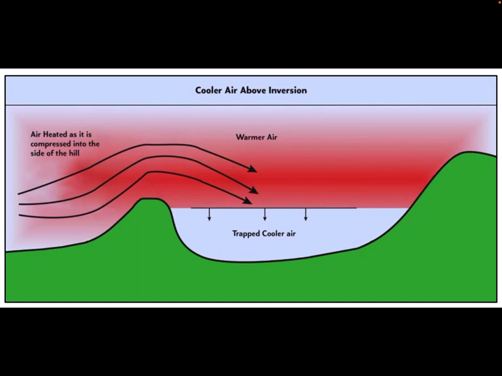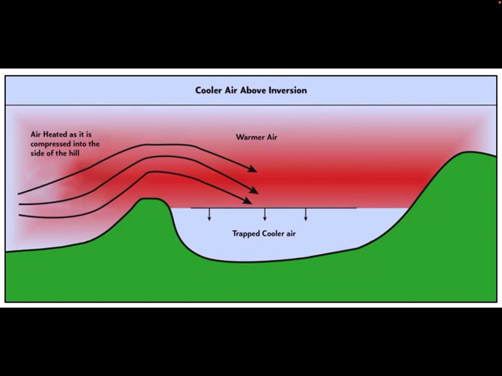Due to its lower density, the warm front rises over the colder front, and because of this there is increasing temperature with increasing altitude. So this is called frontal inversion.